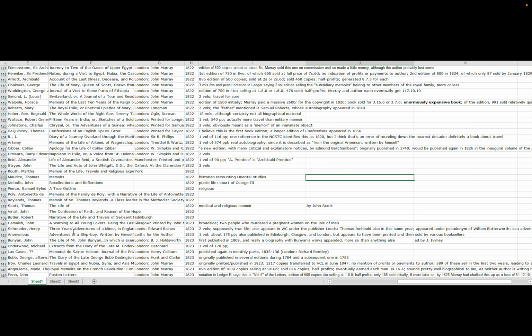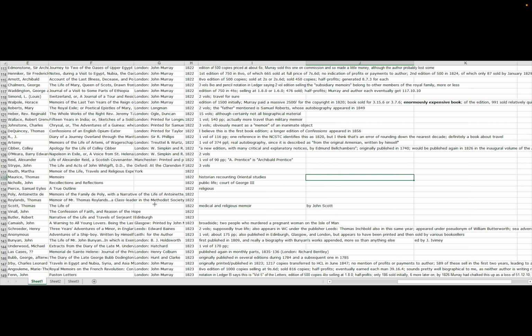So it was actually a profitable business, even for somebody. You can see on this example, Adventures of a Shipboy, that was published in various cities and sold by various booksellers. So this was an interesting thing for Victorian scholars, and Sean wanted to make an application out of this spreadsheet that we call, in the database world, a CRUD app.